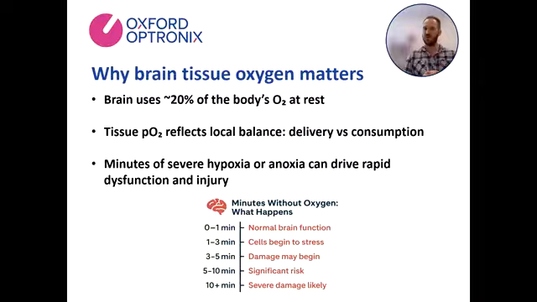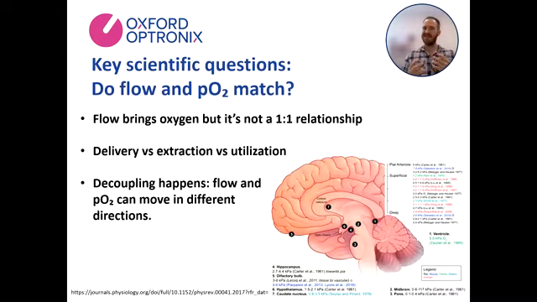So here's the key question. If flow delivers oxygen, do they always move together? And the answer is not reliably. Flow brings oxygen, but it's not a one-to-one relationship. Tissue pO₂ depends on delivery, of course, but it also depends on extraction, diffusion distance, capillary recruitment, hemoglobin dynamics, and metabolic demand.